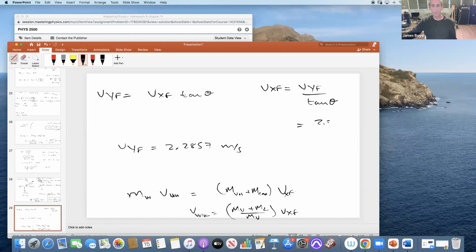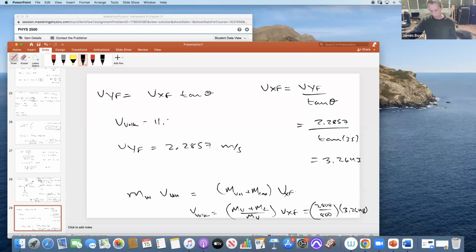Now Vx final is 2.2857 divided by tan of 35, which is 3.2643. And this is 2800 divided by 800 times 3.2643, which is 11.425. So the initial Volkswagen speed was 11.425, or 11.4 meters per second.